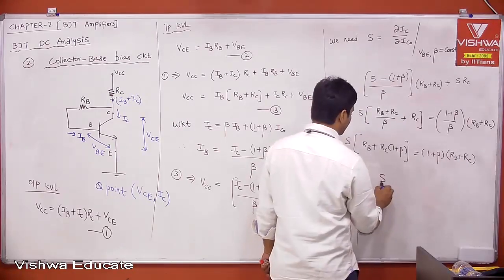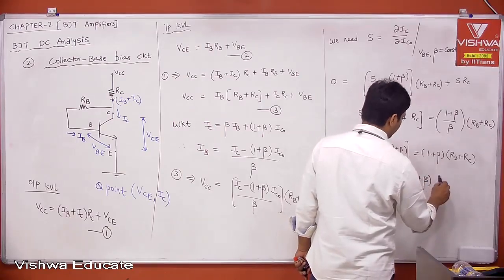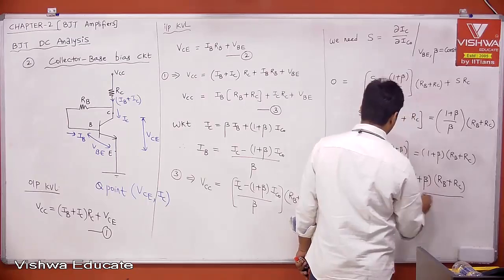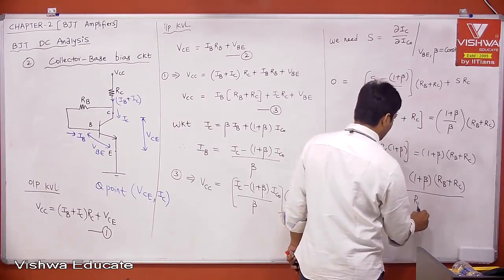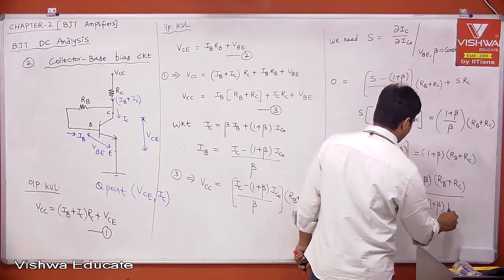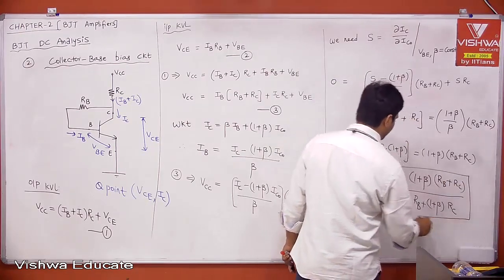Therefore, what is the stability factor? S is equal to 1 plus beta into RB plus RC divided by RB plus 1 plus beta into RC. This is our stability factor.